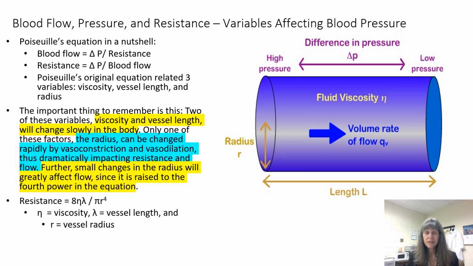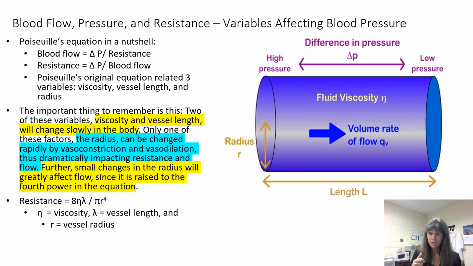However, because the diameter of a blood vessel can change, that's going to affect the radius. Remember that the radius is simply half of the diameter of a circle. So when we look at the lumen of a blood vessel, it can change very rapidly.